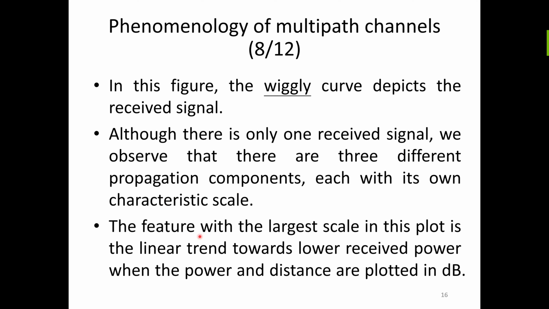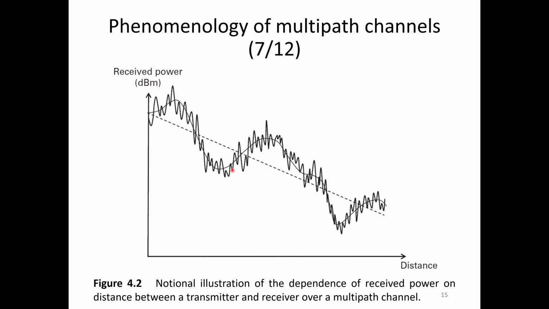Okay, the feature with the largest scale in this plot is the linear trend towards lower received power when the power and the distance are plotted in dB. So we can see that in figure 2, the largest scale in this figure is this line.